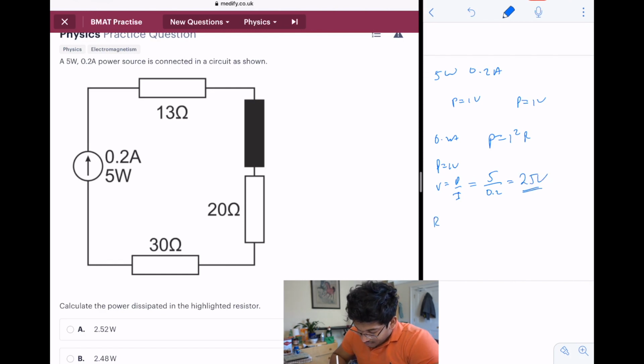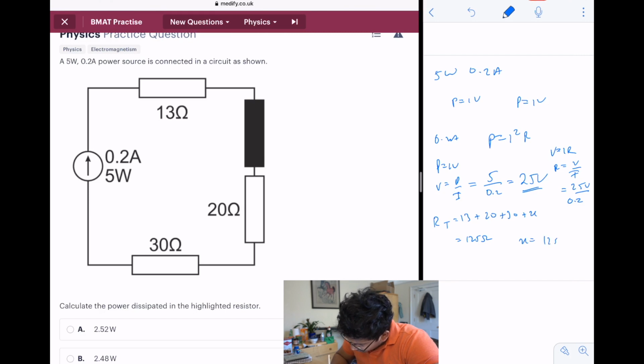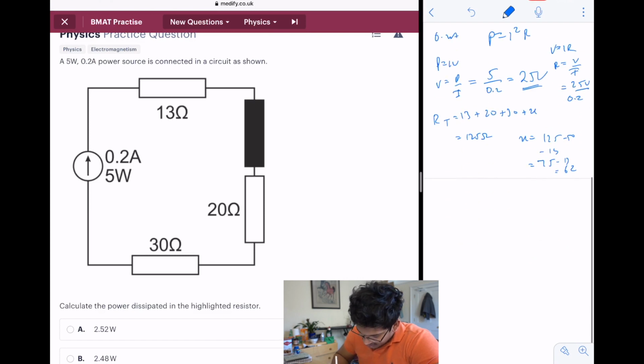So now, RT is equal to 13 plus 20 plus 30 plus X. And then RT will equal, if I use V equals IR, R equals V over I, which is 25 volts over 0.2, which is 125 ohms. So therefore, X is equal to 125 minus 50 minus 13, which is 75 minus 13, which is equal to 62. So I've got 62 ohms there.